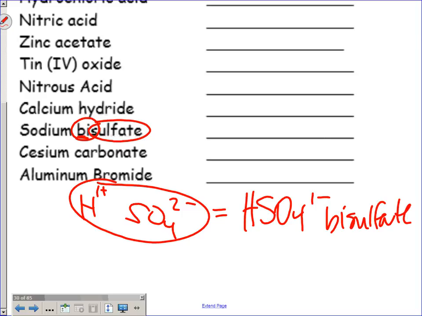Okay, so this is the polyatomic ion you combine with sodium. Sodium is in group 1, so it has a charge of +1. Bisulfate is HSO4, 1 minus. Crisscross, what do you get? NaHSO4. Sodium bisulfate.